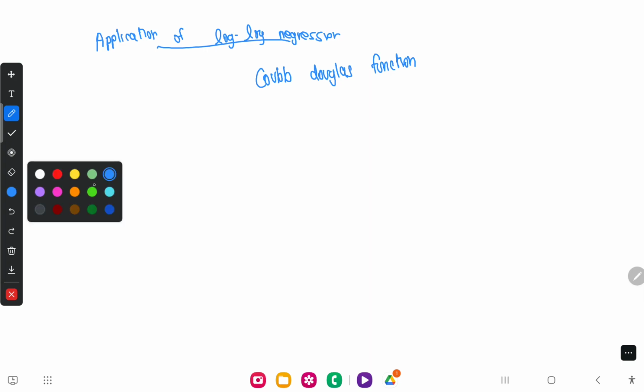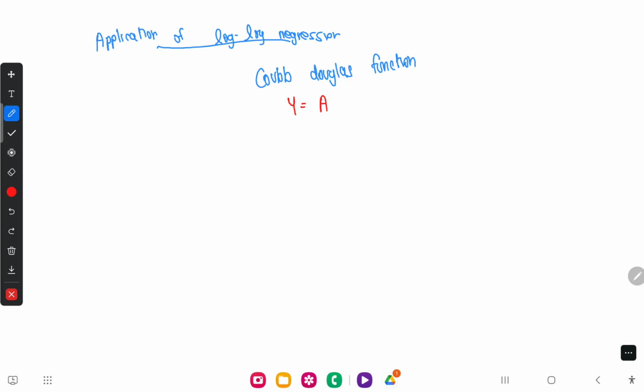The Cobb-Douglas function is given by y equals A, capital to the power alpha, and labor to the power beta, which we don't know. Now if we are given a function like this, we have to find alpha and beta. But can we apply regression?